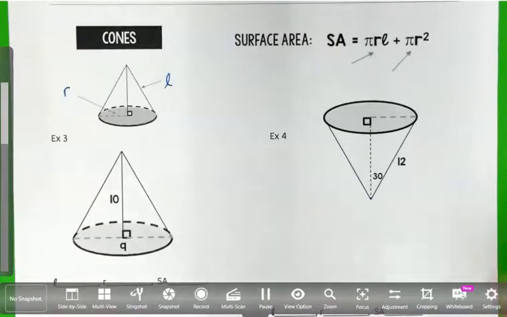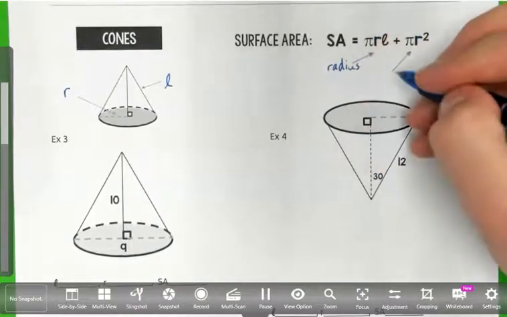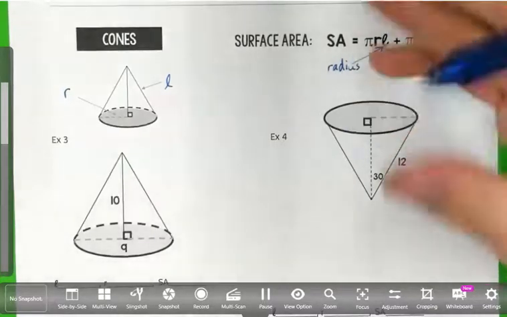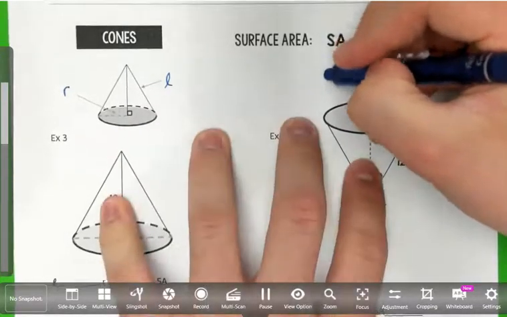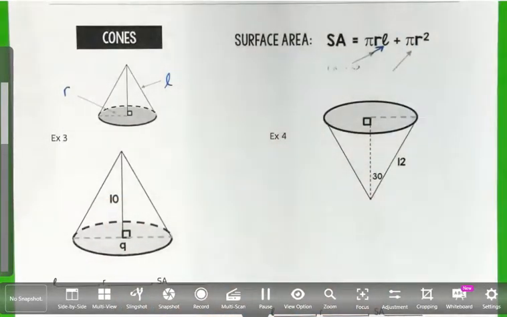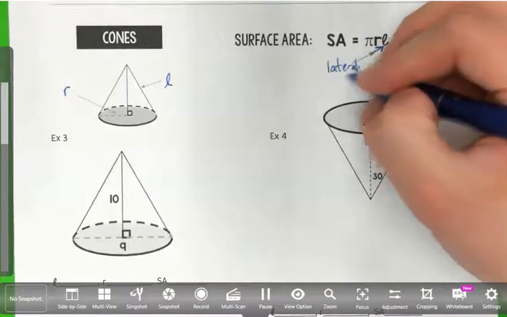And we can go ahead and label these in words. We can say that this is radius. And, oh, I think that's actually pointing to this. So we can go ahead and label that as our lateral height. So that right there, that L is lateral height.